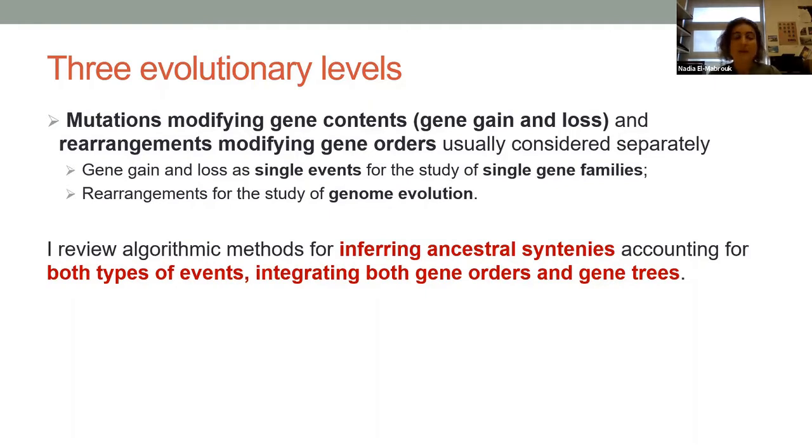Here I review some algorithmic methods for inferring ancestral syntenies that account for both types of events. Such unifying frameworks are not so frequent. There are few of them that integrate both gene order and gene trees in the same methodology. My goal here is to review some of these methods.